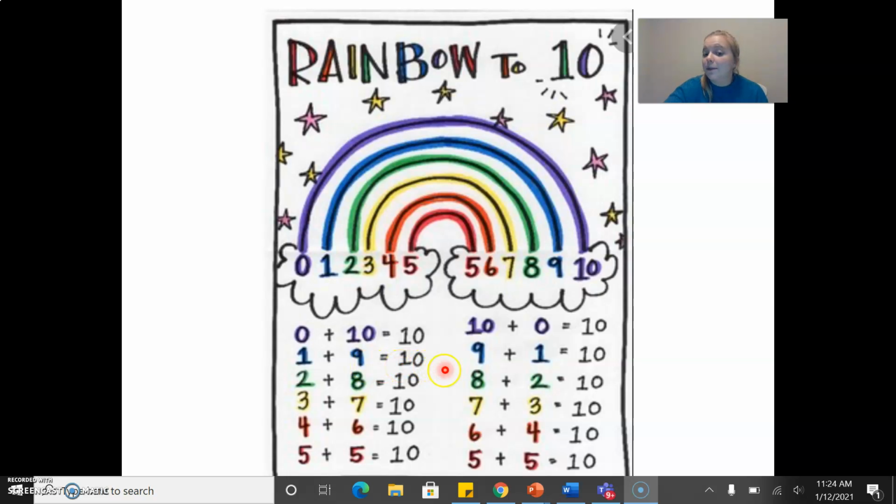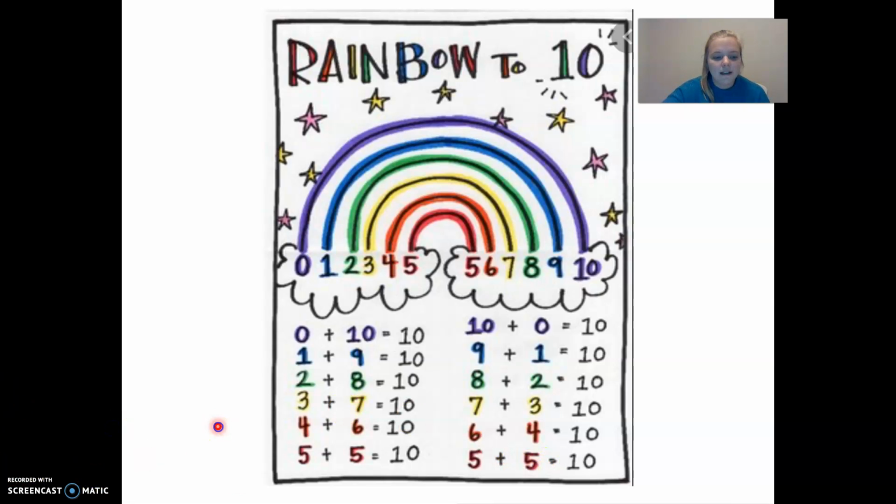And I can flip-flop those numbers, and I know that 9 plus 1 also equals 10. 2 plus 8 equals 10, and then I flip-flop them, and I see that 8 plus 2 equals 10. 3 plus 7 equals 10, and then I can flip-flop them and see that 7 plus 3 equals 10. 4 plus 6 equals 10, and then I can flip-flop them and see that 6 plus 4 equals 10. And then 5 plus 5 equals 10, and if I flip-flop them, that one's still 5 plus 5 equals 10. So we're going to do some more work with these today.